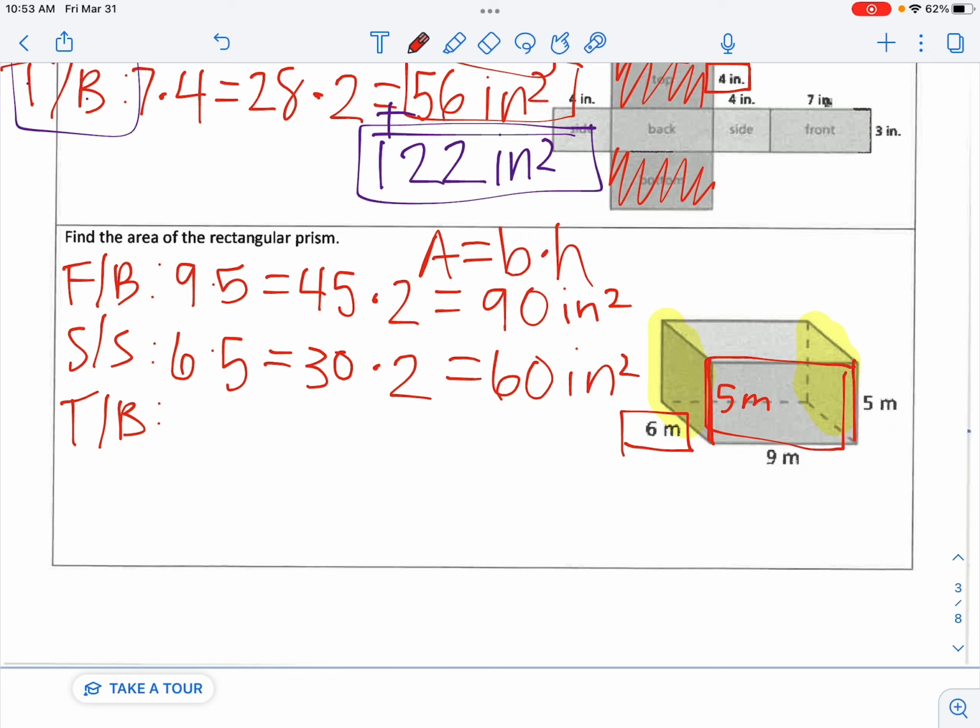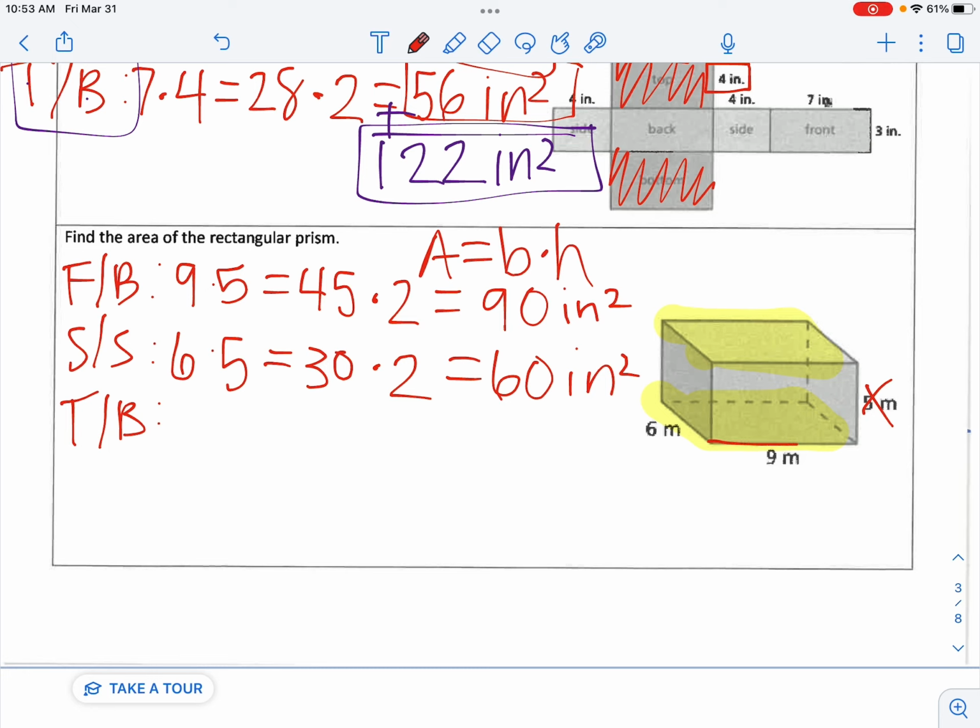If you want, you can pause this and try to do the top and the bottom on your own and see if you get the same answer as me. So my top is right there and my bottom is right there. Okay. Notice this 5 has nothing to do with the top or the bottom, so we do not use that. Okay.